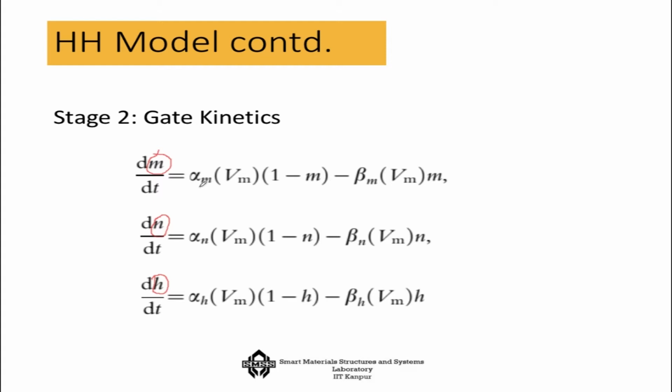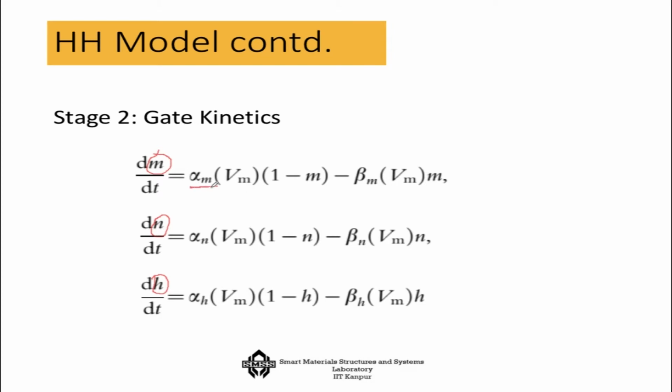For the first, the gate kinetics for the opening of the m type of gates, it will depend on alpha m, which is intrinsically a function of the voltage itself.